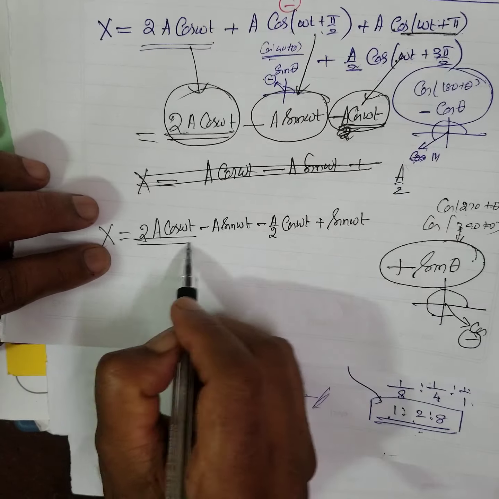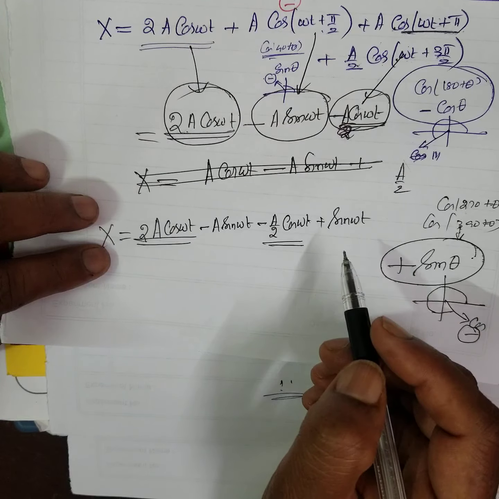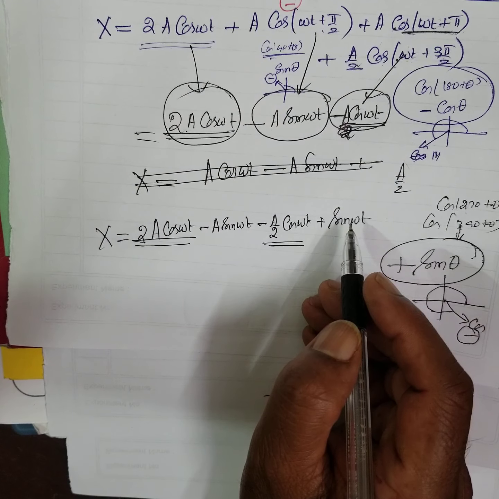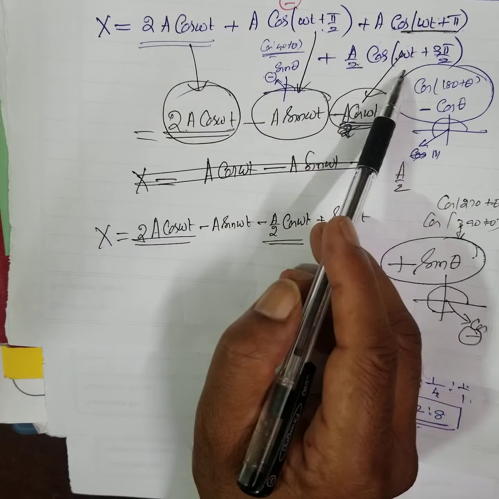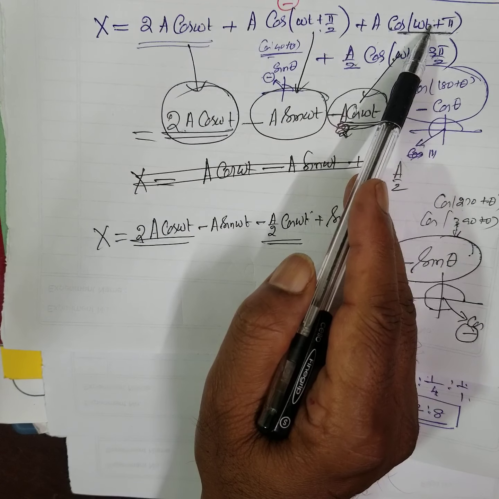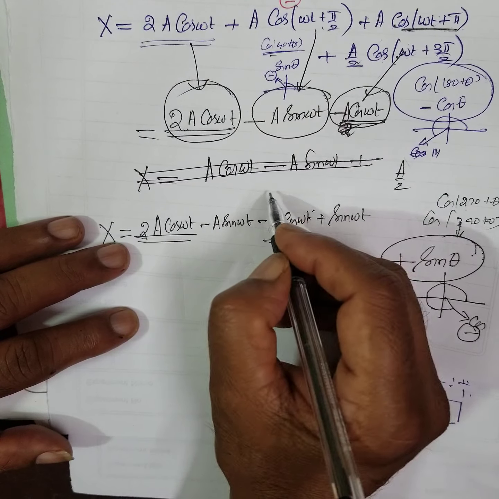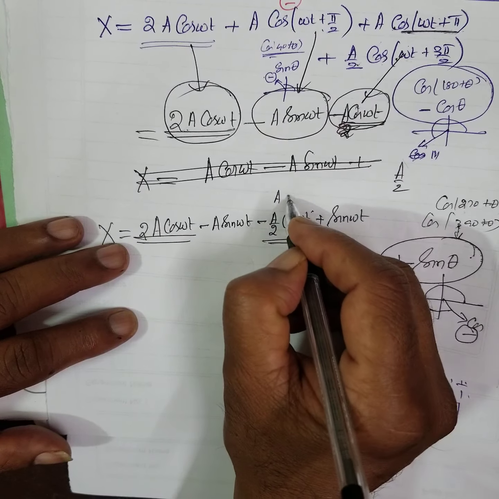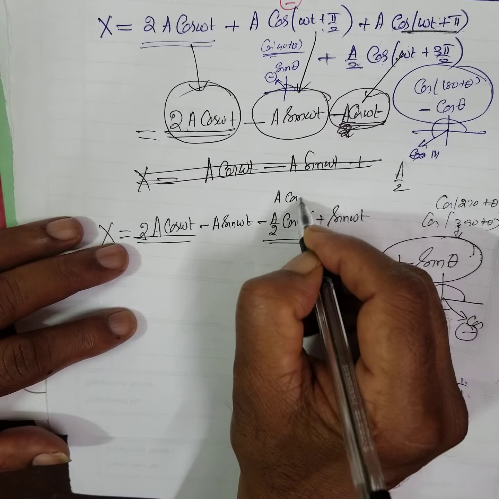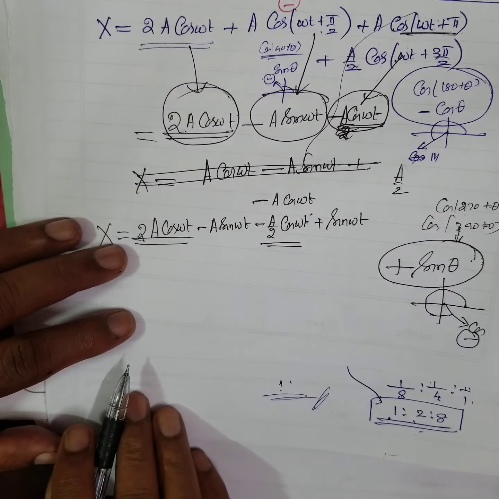Now this part and this part. What about this part? This is this one and sin omega t. But what about this, sir? This you have not written. This is a cos omega t minus this part.